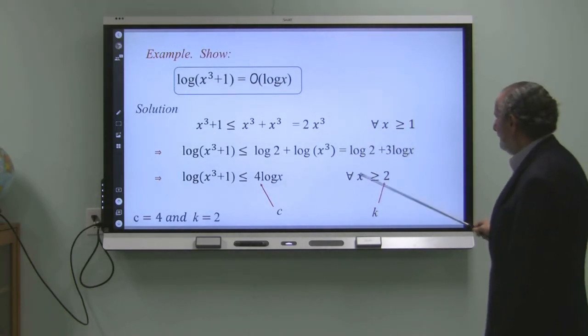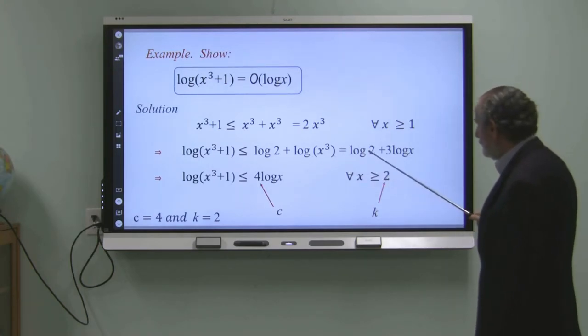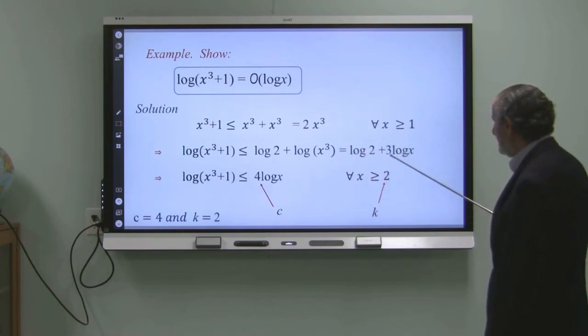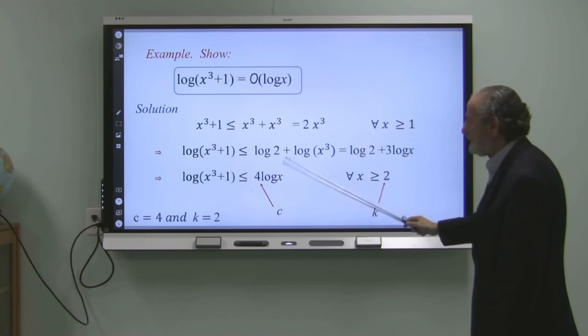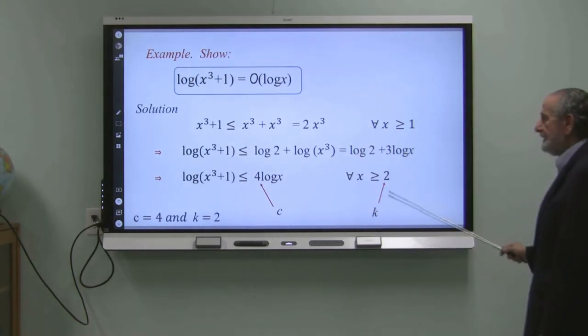And if x is greater or equal than 2, then log 2 will be less or equal than log x. So you will have log x plus 3 log x, 4 log x, and it's done. Your c is 4 and your k is 2.